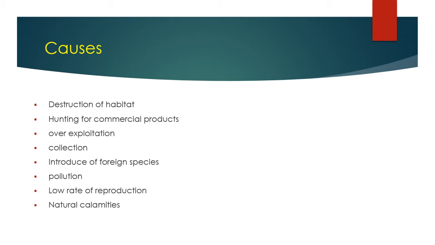Then another cause is the introduction of foreign species into a new environment. The conditions there may sometimes not be suitable, or maybe suitable, but the climatic conditions and sometimes ecosystems are disturbed. That's why many problems are created by the new foreign species.